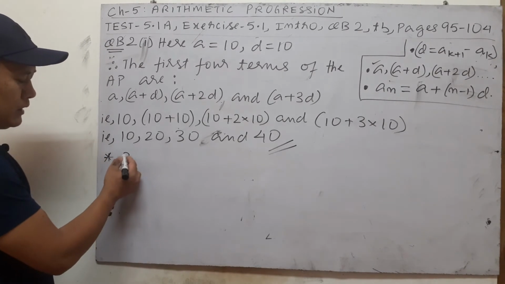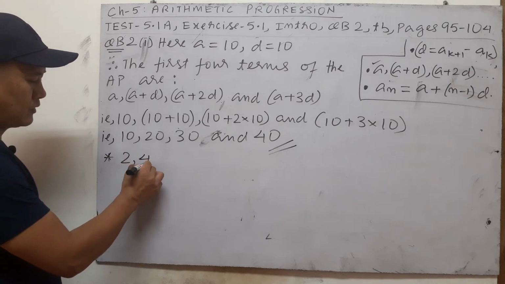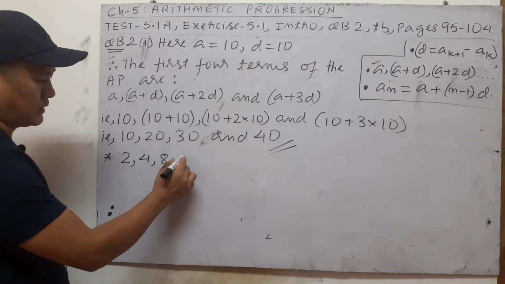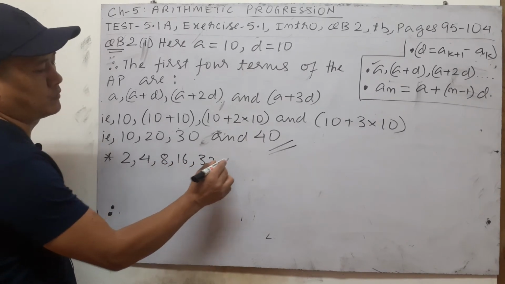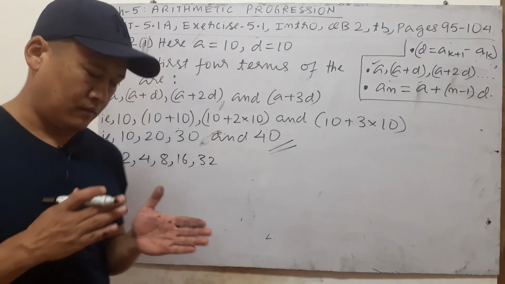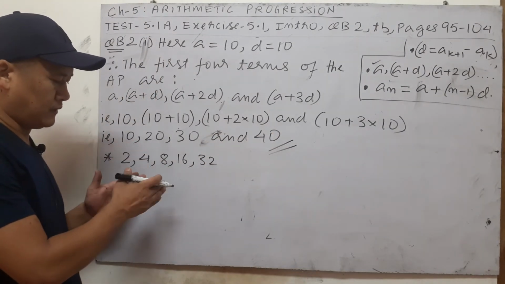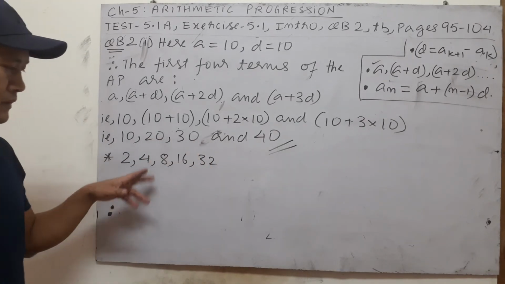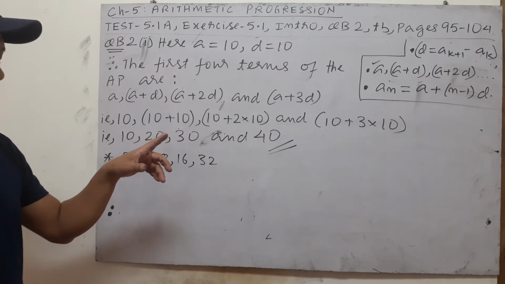Example 2: add to itself, 2 plus 2, 4. 4 plus 4, 8. 8 plus 8, 16. 16 plus 16, 32. It's definitely a sequence because it's following a definite rule, that is, a term is added to itself to get the next term. But this is not an AP because it doesn't have a common difference.